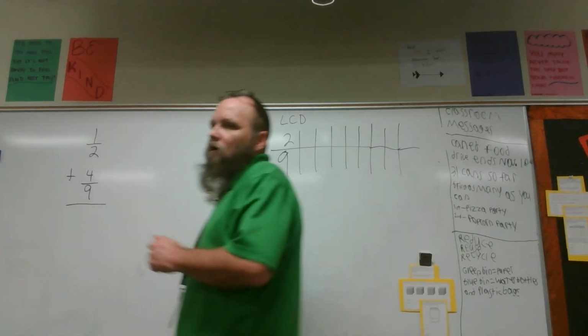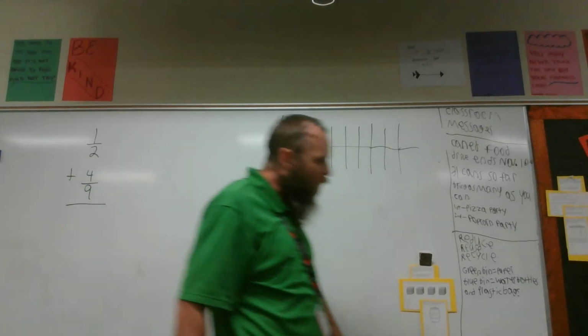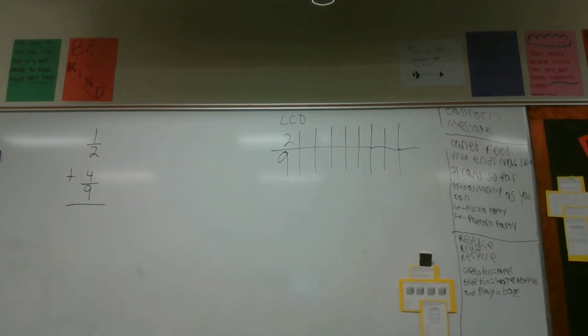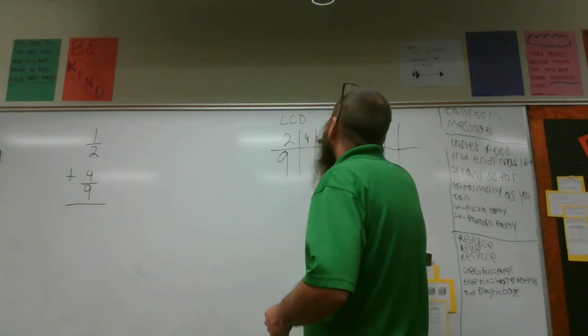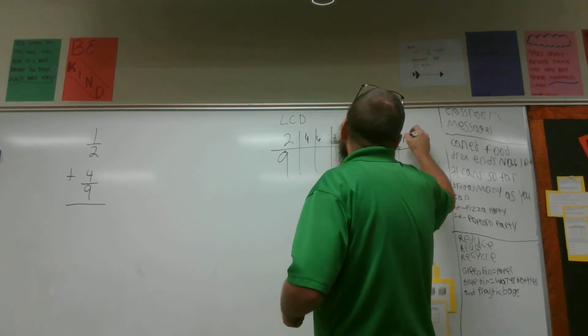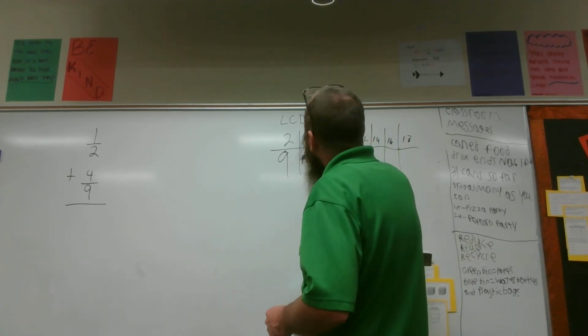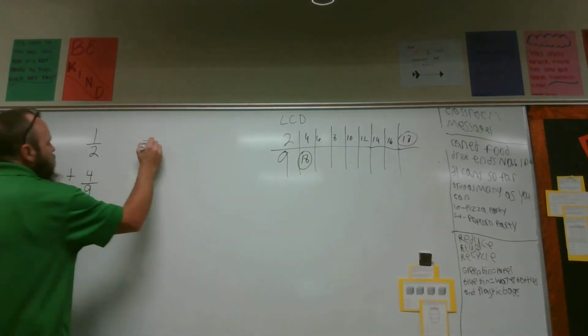So that would be real easy, just go down the row for 9 and the row for 2 and find out what they have in common. The first number they have in common is what, Matthew? 18. Oh, look! 18 is my common denominator.